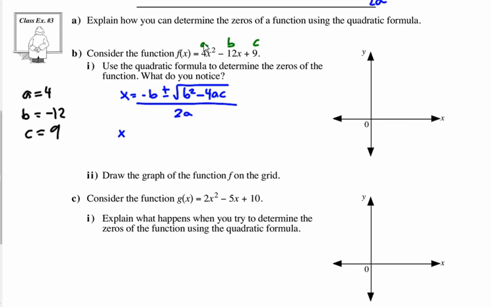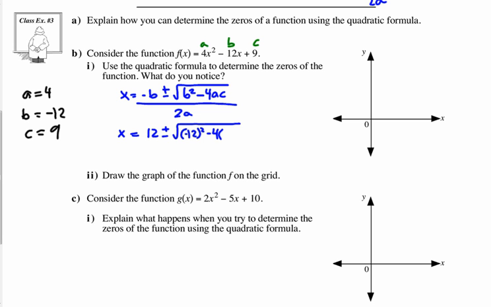Okay, so here we go. Now, instead of writing negative 12, what could we write? Go straight to plus 12. So positive 12, plus or minus the square root of negative 12 squared, minus 4 times A times C, all over 2A. When you square a number, it becomes positive.